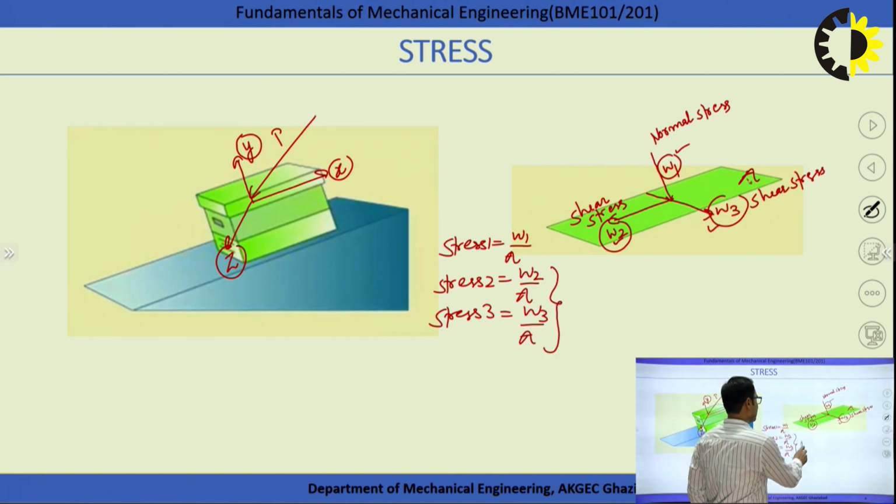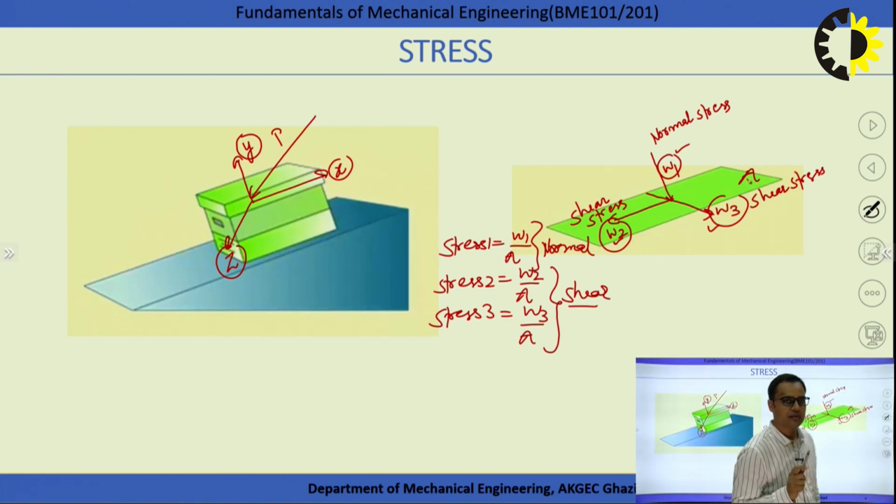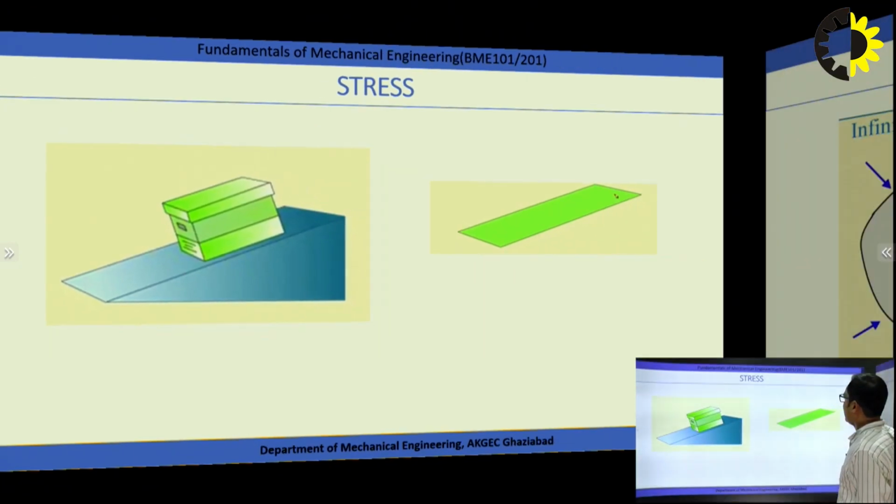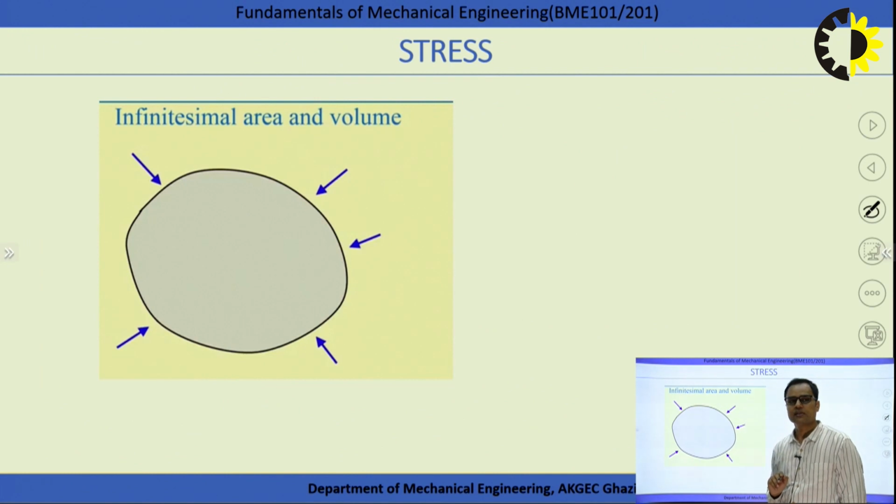So we have seen stress has some components, and these components are very important to explain the stress, right? After that, the question that comes to mind when we are studying stress: if I ask what is the value of stress in a body?